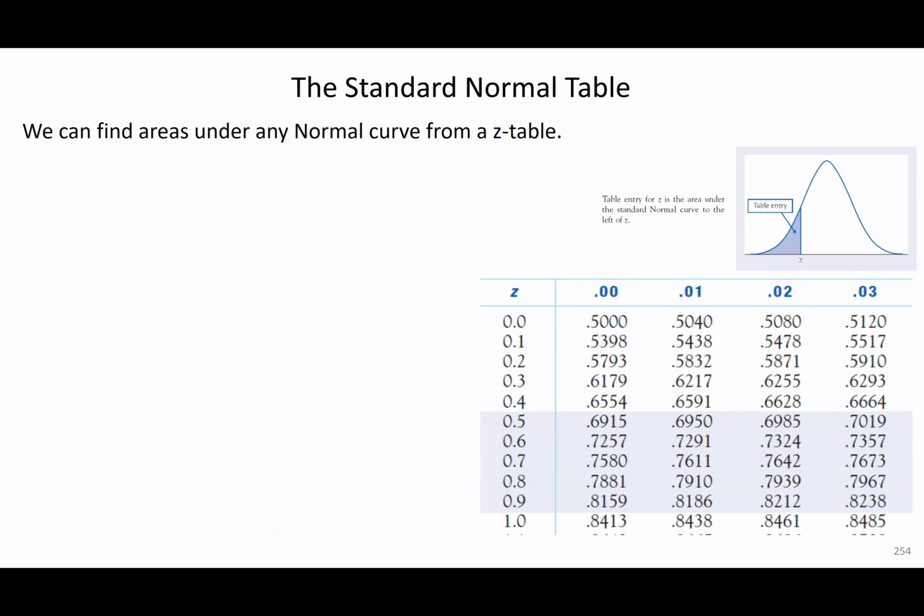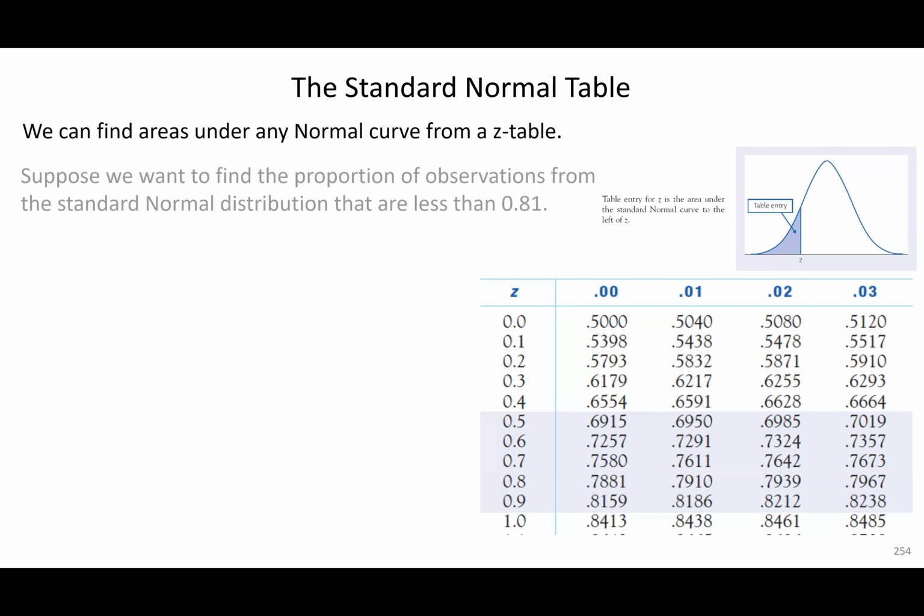So, standard normal table, finding areas. We're going to practice a little bit using the table here. So suppose I want to find the proportion of observations below a z-score of positive 0.81.